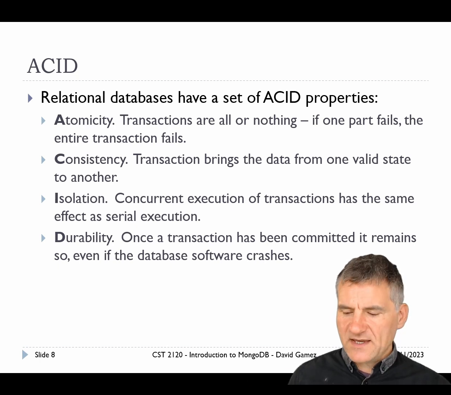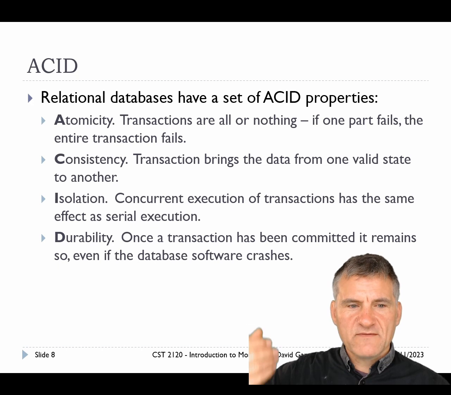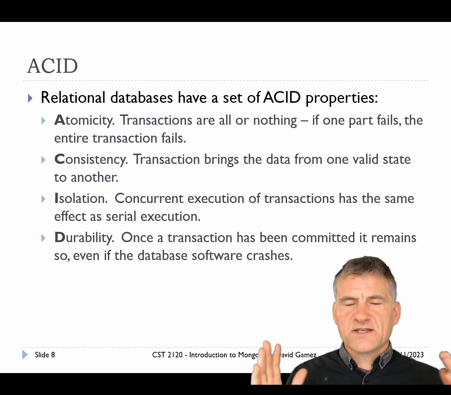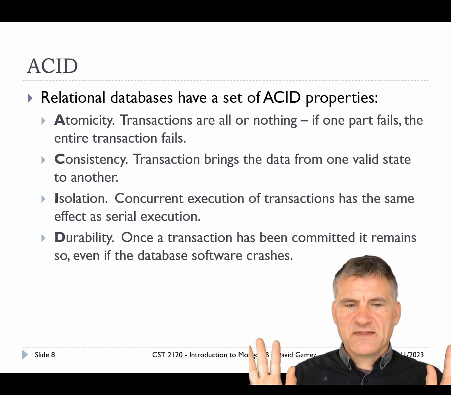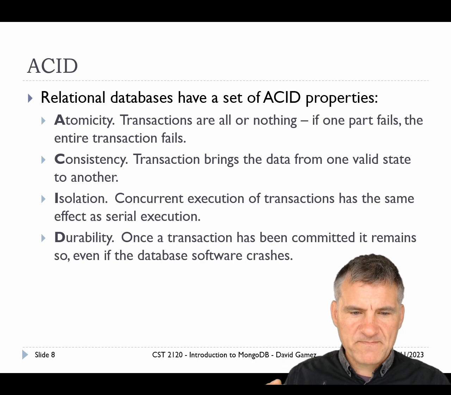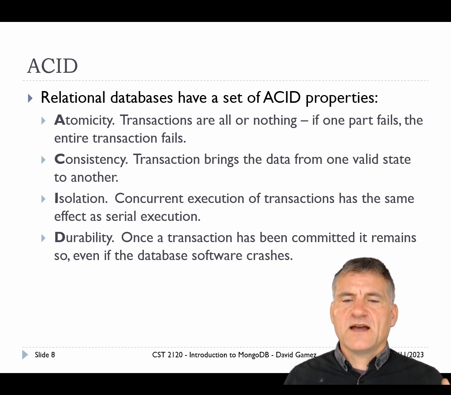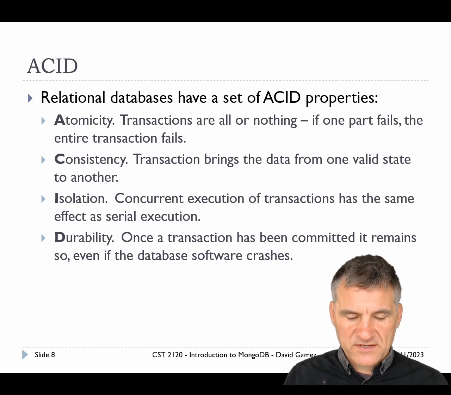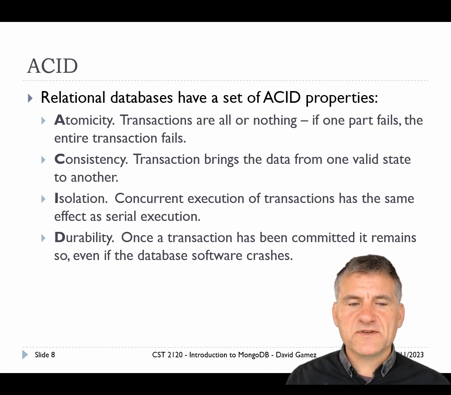And we have consistency, so the idea with a relational database is a transaction takes the data from one valid state to another valid state. There's isolation. So if we're working in parallel, then the effect of working in parallel should be the same as a serial or non-parallel execution. And durability means that once we've committed a transaction, the database should remain in the new state, even if the software managing the database crashes.